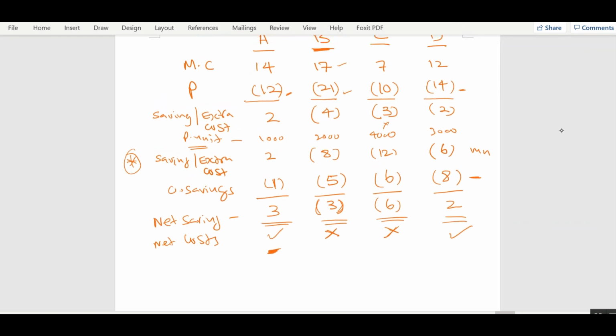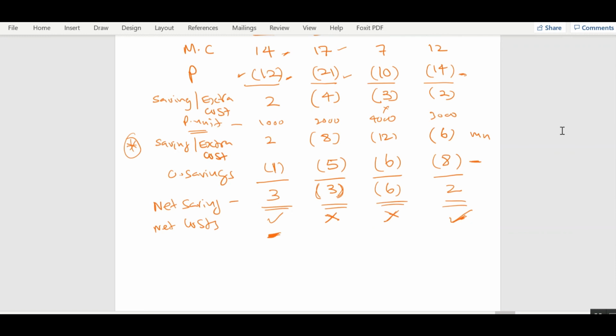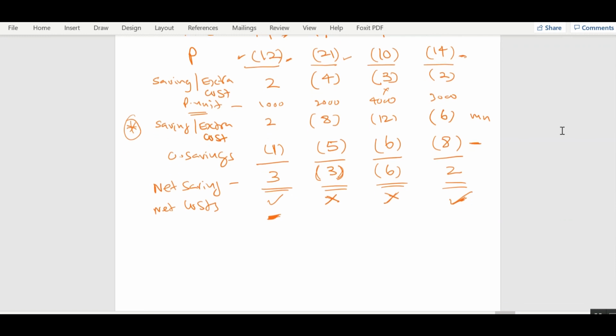When you produce internally, the cost is more than the purchasing price, so there is a saving. And also for product D, there will be a saving of 2 million when you purchase from outside. So this will be the decision the company has to make.